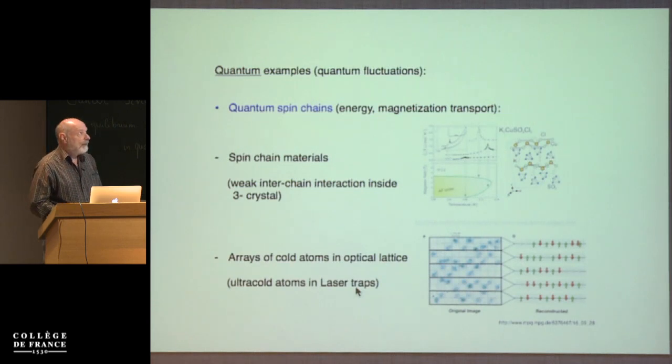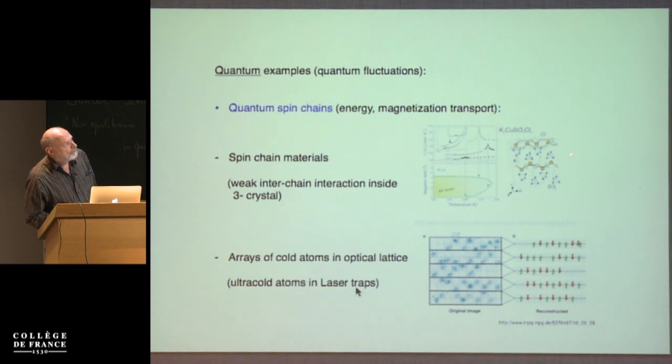Now, when I think of quantum systems, again, there are many settings where this can occur. Again, I'm thinking of quasi-one-dimensional systems where the conserved quantities are typically energy and magnetization or spin. Now, one way this happens is in spin chain materials, for instance, which are, of course, three-dimensional objects.